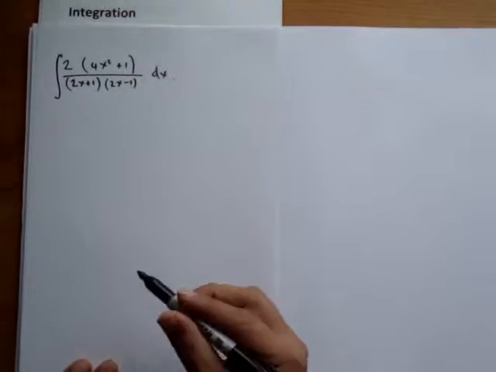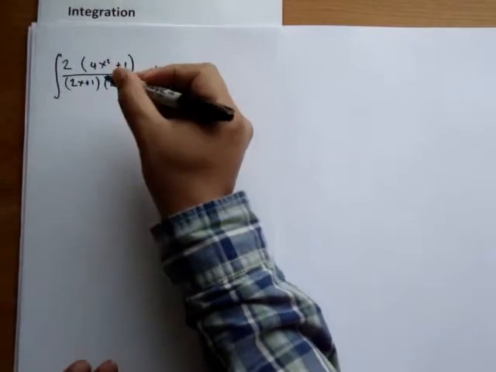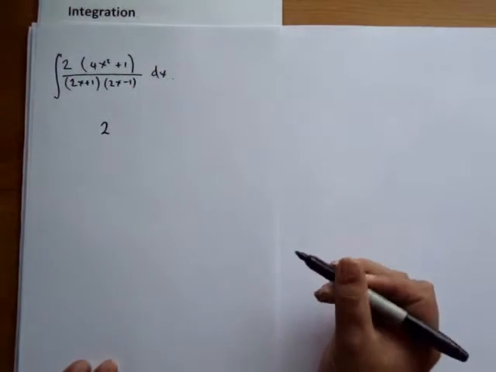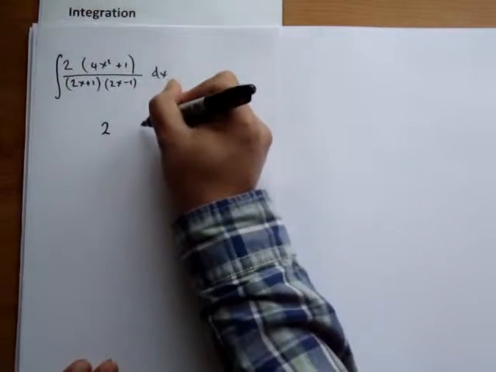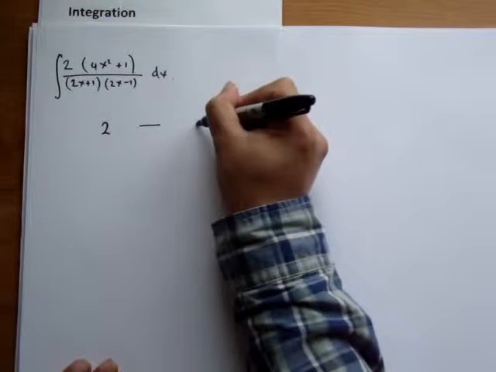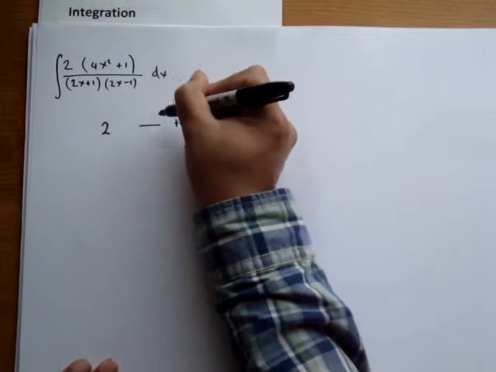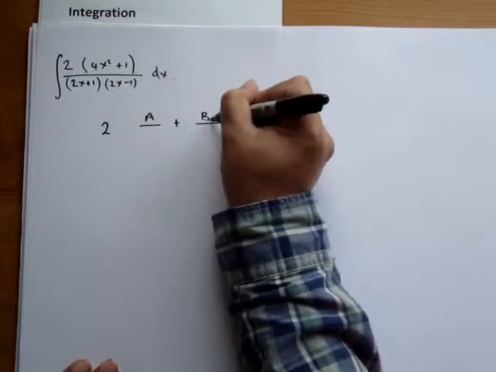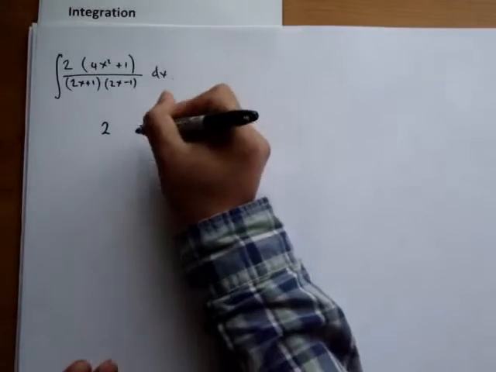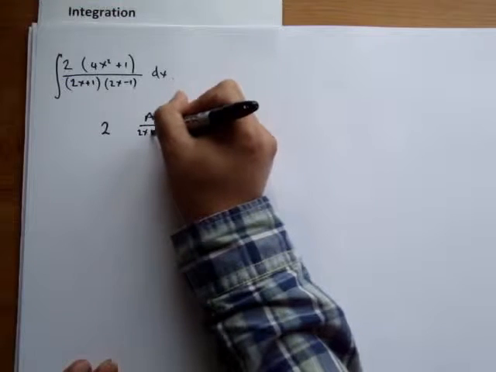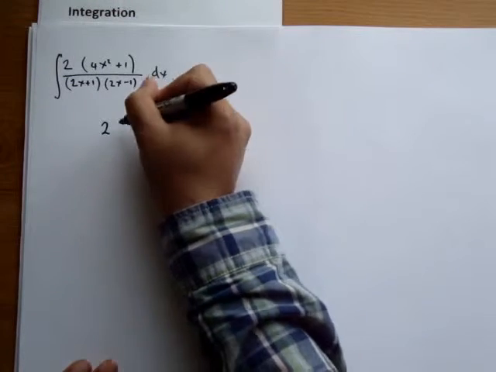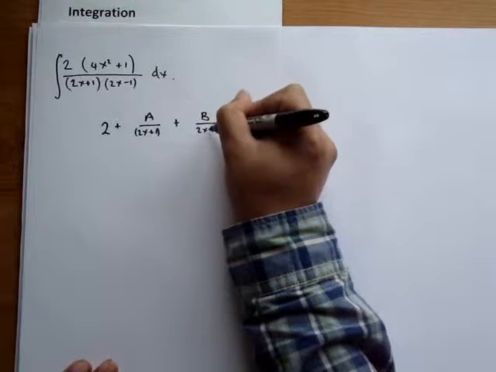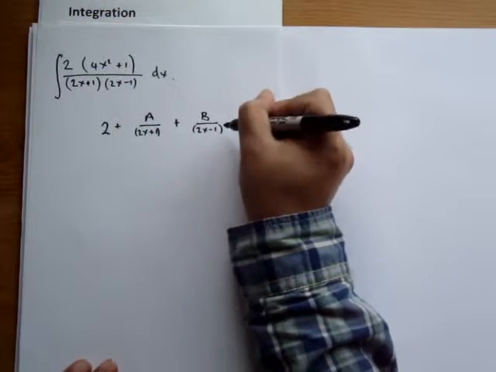So what we do is we can leave this 2 out, and then we're left with 2 constants, which would be a and b. We have the 2x plus 1 on the bottom here, and the 2x minus 1 on the bottom there.